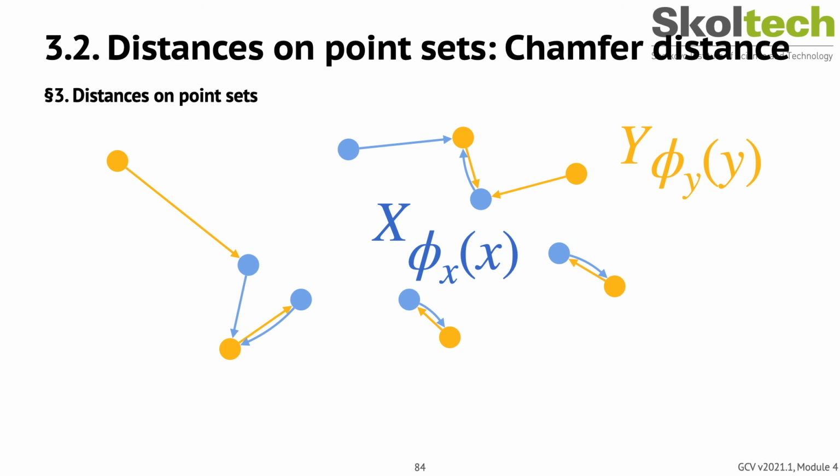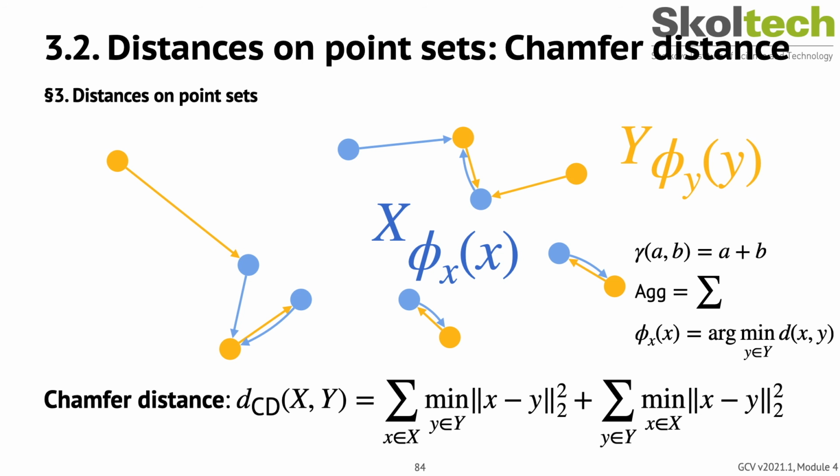The chamfer distance is obtained by choosing the aggregation operator to be a sum and considering a symmetric case. For each point, the algorithm of chamfer distance finds the nearest neighbor in the other set and sums the squared distances up. In the strict sense, the chamfer is not a metric, because the triangle inequality doesn't hold. We nevertheless can use the term distance to refer to any non-negative function defined on point set pairs.